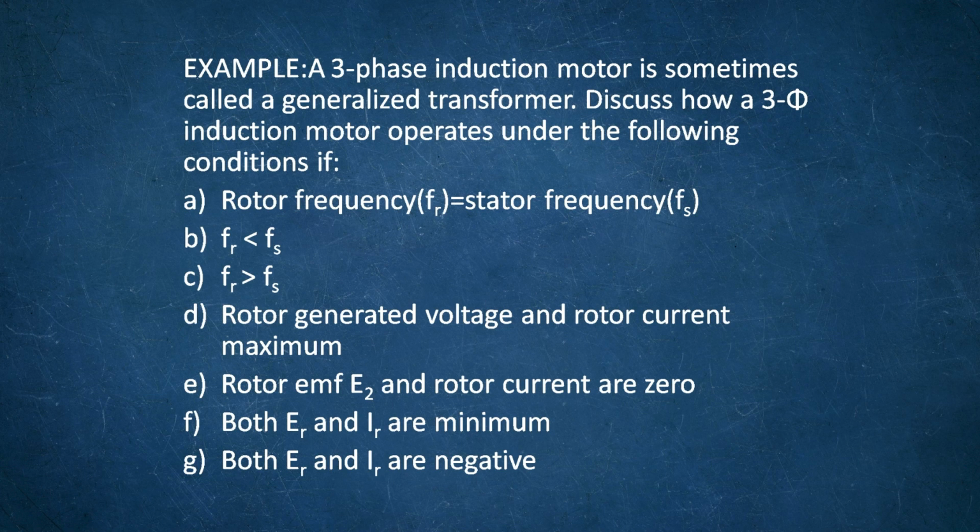But in a three-phase induction motor, the primary winding, which is the stator winding, is stationary. But the secondary winding, which is the rotating part, is rotating at some speed. So the frequency of the rotor circuit, the frequency of the generated EMF in the rotor circuit, the frequency of the current in the rotor circuit will be different from the frequency of the supply.